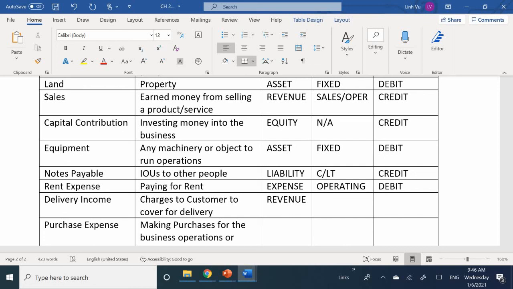But most of the time, we're looking at a merchandising company. This one's a little vague, but in this case, it is not the main core of our business. We don't deliver as our core operation. We're trying to sell a product. So this is a service that's not part of our business. It's actually going to be an other income or a non-operating income. So I'm going to put other.